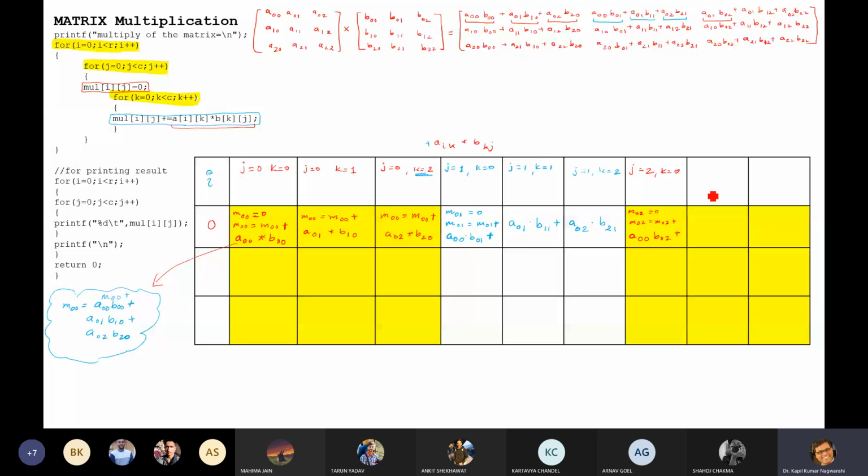Now come to J equals 2, K equals 1. So what will be coming? Now we are using this term only.